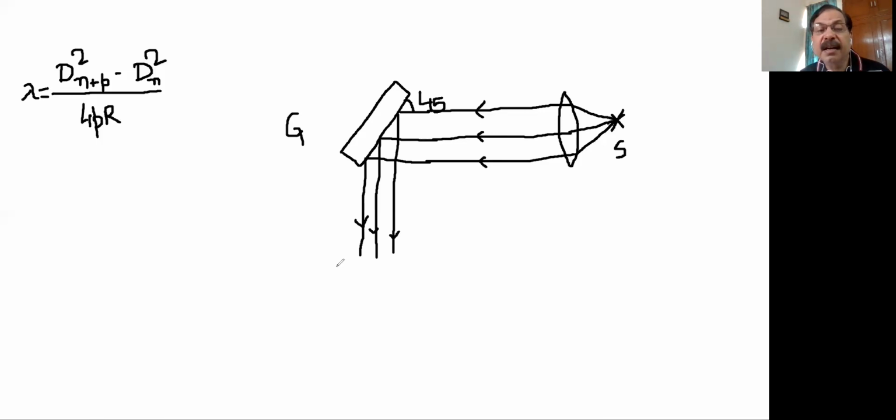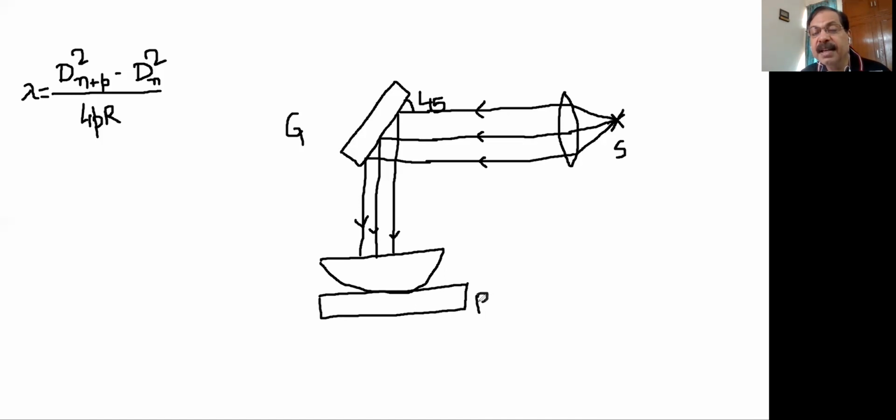After reflection, this light beam falls on the combination of a plano-convex lens and a plain glass plate. This is a plain glass plate P, and this is the plano-convex lens.